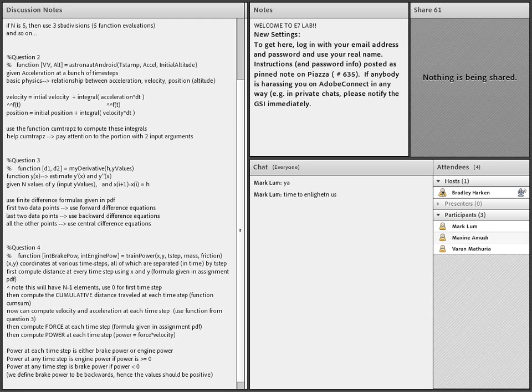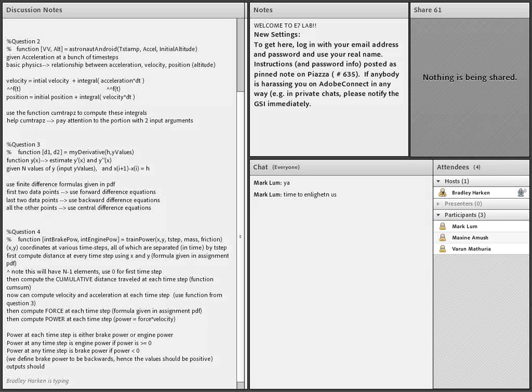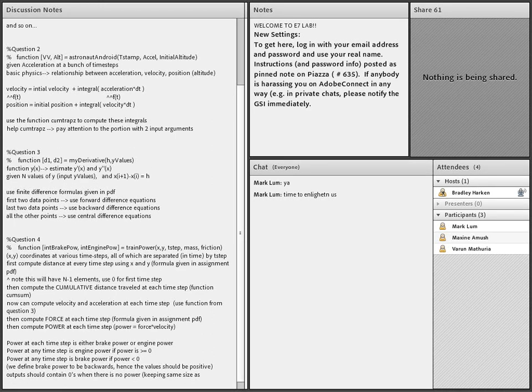So now this is getting towards our two outputs, which are brake power and engine power, and the output should contain zeros where there is no power, thus preserving the size. So it's keeping the same size as all of our other arrays.